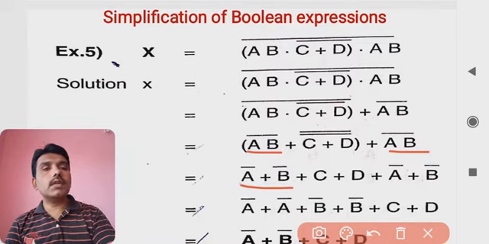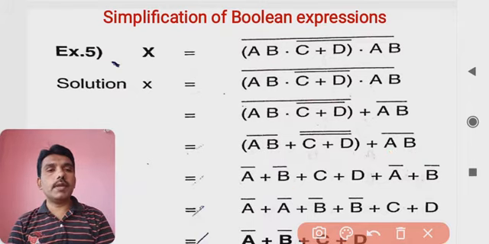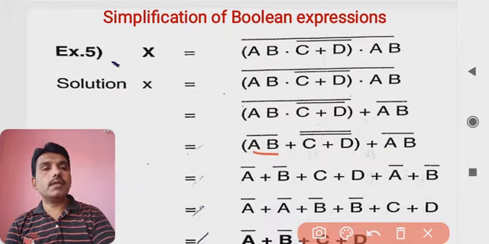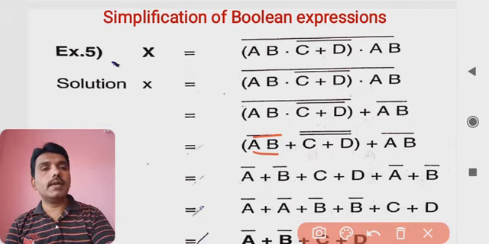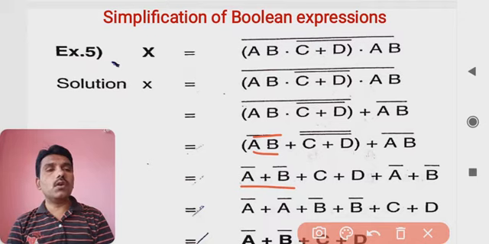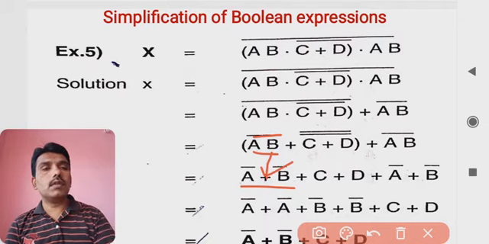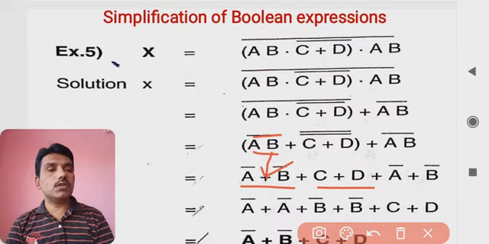And again we can apply De Morgan's theorem here, because A and B are two terms with an AND operation and a complement. The complement of a product is equal to the sum of their complements, so A complement or B complement will be there. And again complement of complement gives the original, C or D.